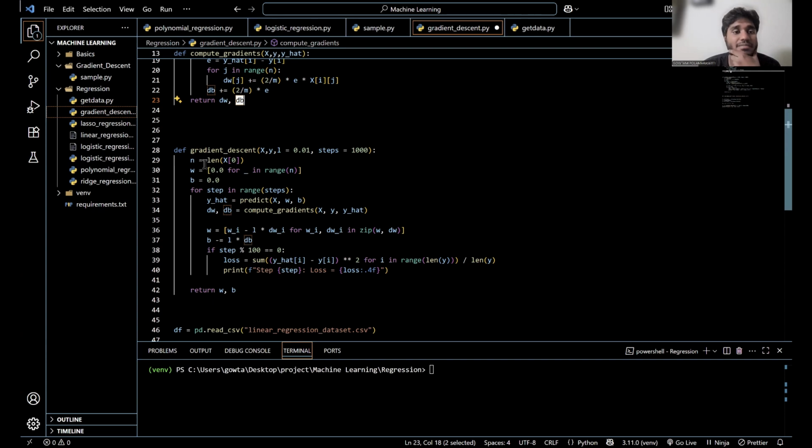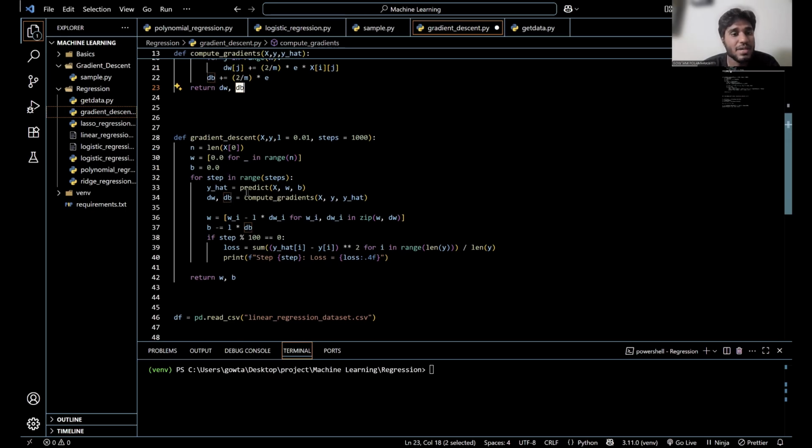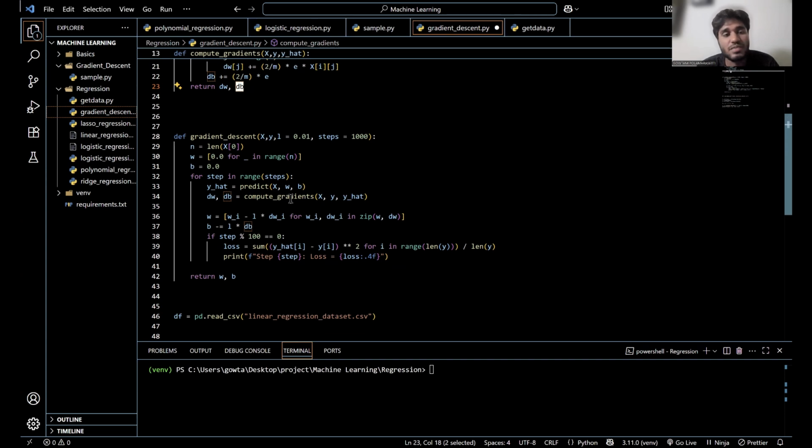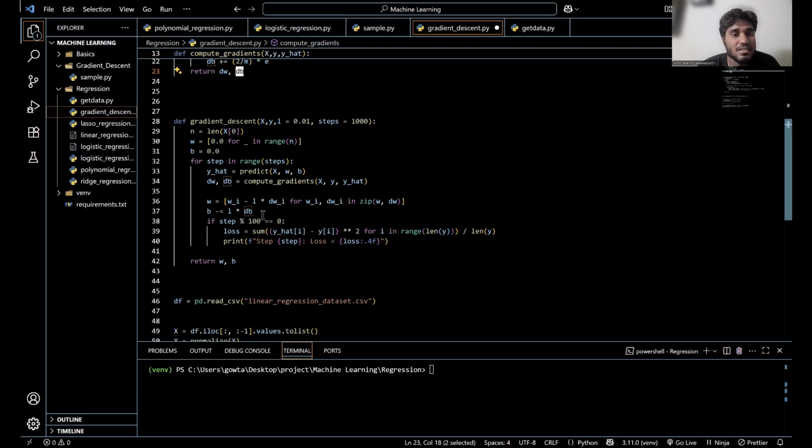Here we take n, which is equal to the number of columns, for example, the features which we look at to derive y. Initially, the weights which we take are zeros for all the features, and the bias is also zero. Then we predict a y hat value. Then we compute the gradients for dw and db using this y hat, y and x.